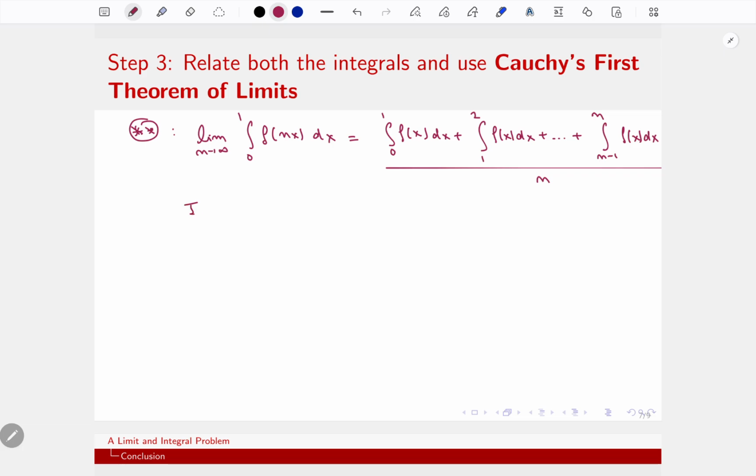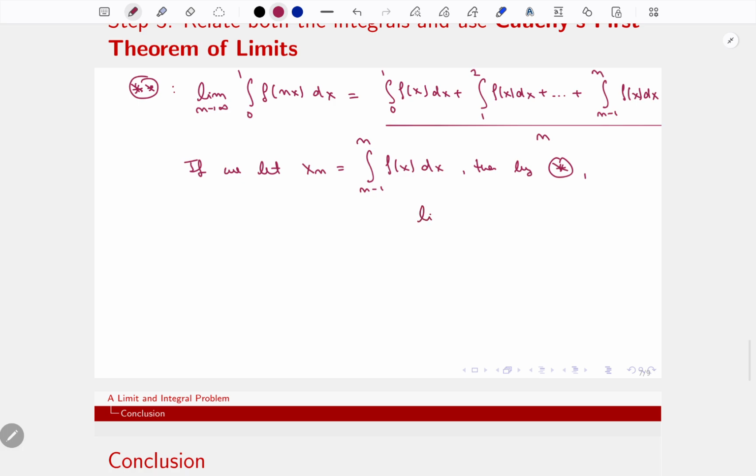Now observe that if we let xn be the integral from n minus 1 to n of f of x dx, then by star, the limit as n tends to infinity of xn is equal to 2.